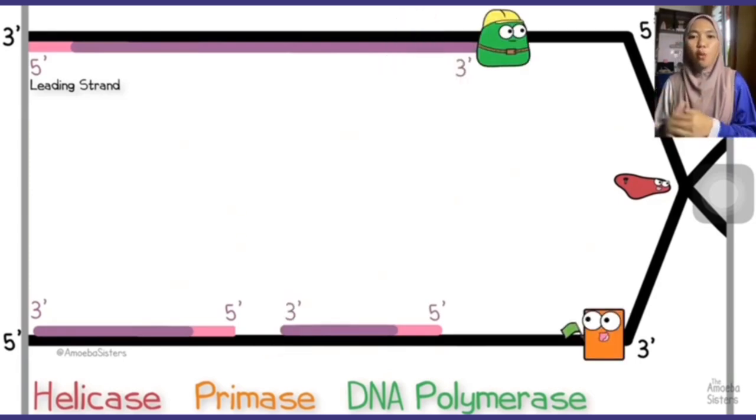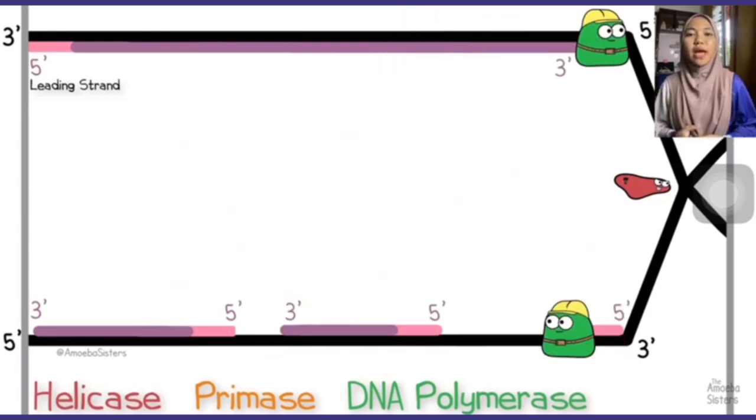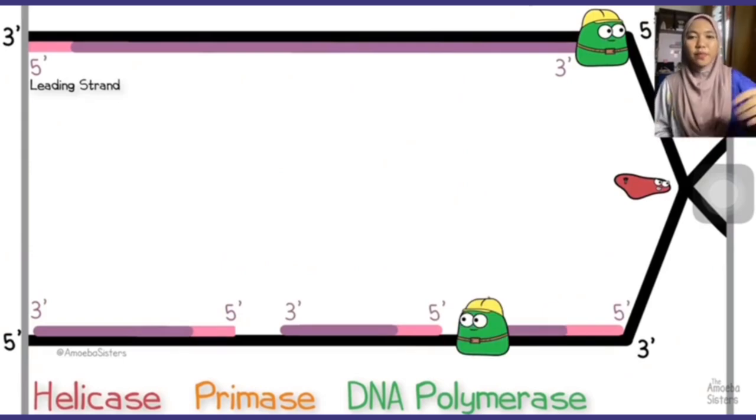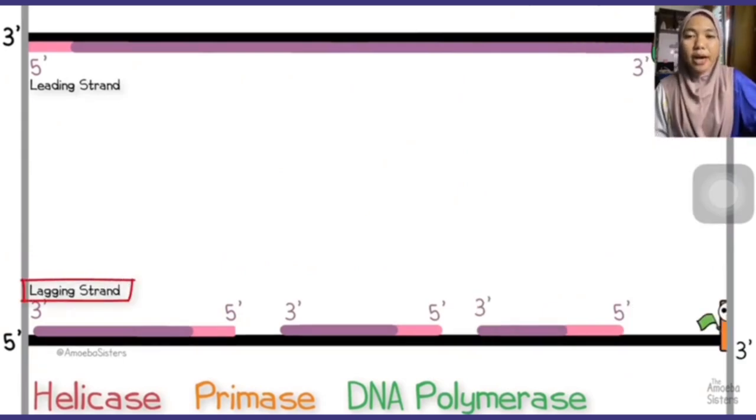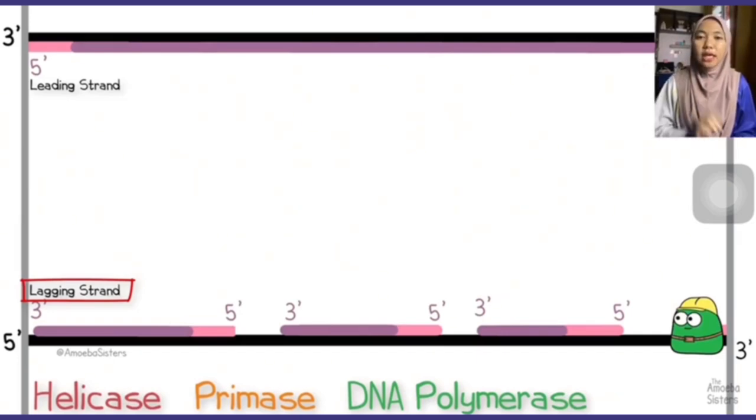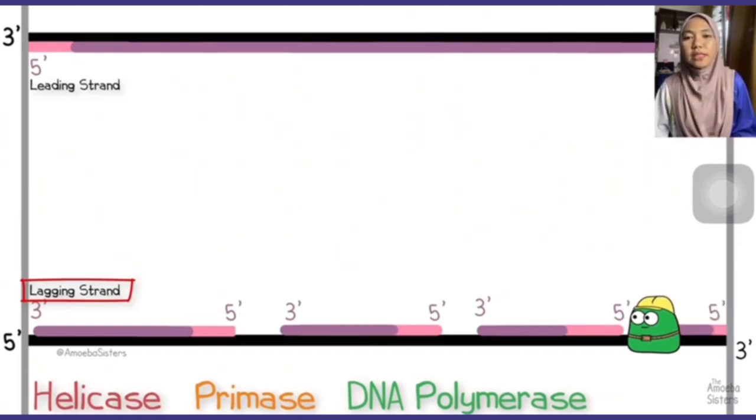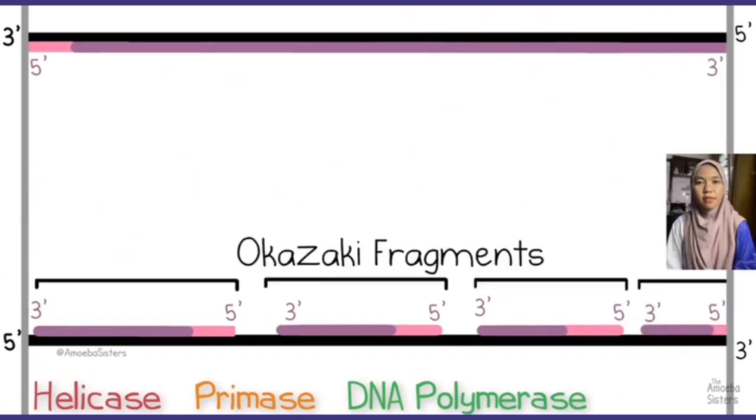You can see why then this new strand is known as the lagging strand. On this lagging strand, primers have to keep being placed by primase in order for DNA polymerase III to build. These fragments that result are known as Okazaki fragments.